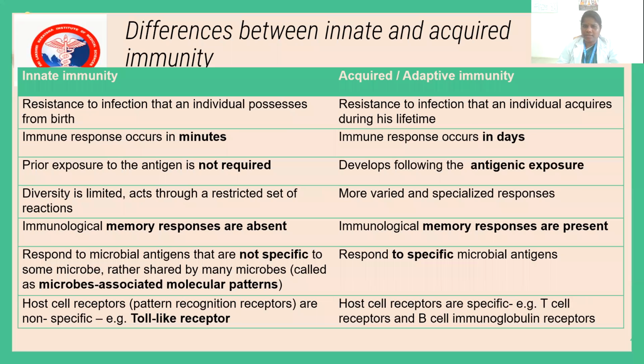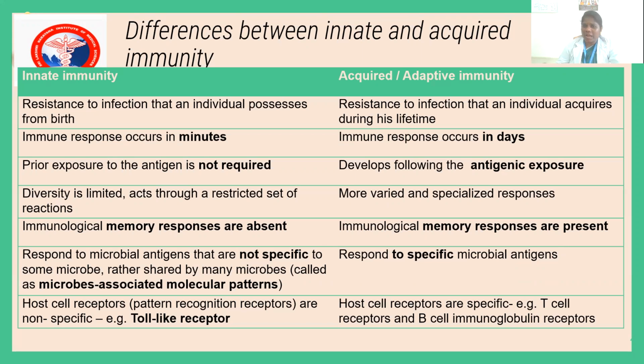Let us discuss the difference between acquired and innate immunity. As I already mentioned, innate immunity is the defense mechanism acquired at birth itself, whereas acquired or adaptive immunity is the resistance offered during the course of life. The innate immune response acts immediately when a foreign antigen enters; the immune cells will encounter the antigen within a fraction of a second.